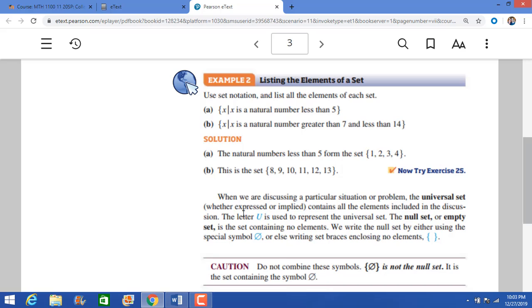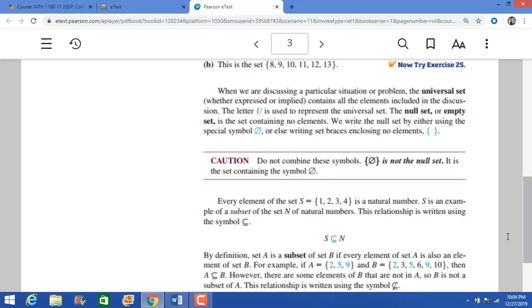Okay? So there's a couple of ways we can represent that. We can represent that with the symbol of the circle with the slash through it, or we can use the braces with nothing inside. Okay, either way it's the same thing. But what we don't want to do is use this symbol here. Okay, this is not the null set. We're basically using two symbols.